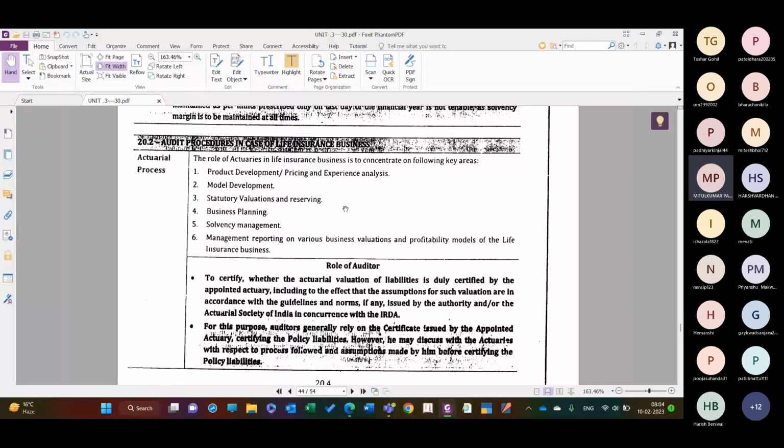All of you know that as we are talking about the life insurance business, here the life of a particular person has been insured, and for that purpose the insurance company is charging a premium. Now how is that premium required to be calculated, or what are the factors affecting the determination of the premium payable on a particular life policy?